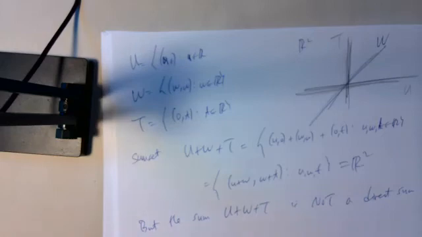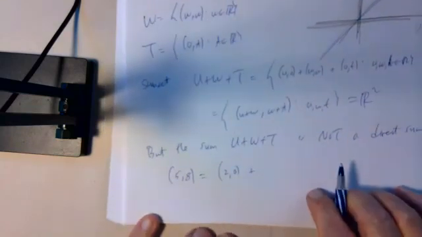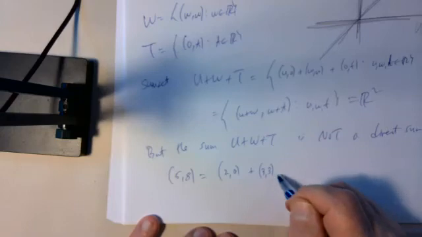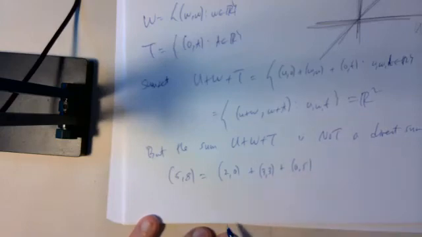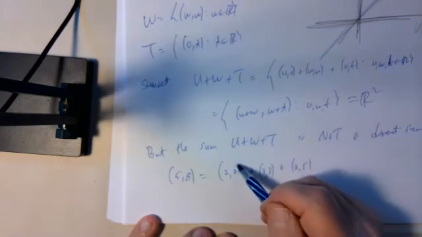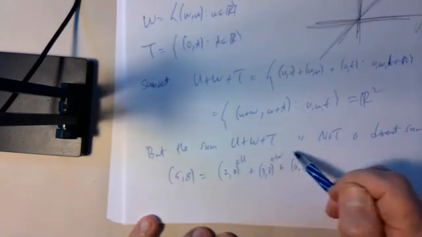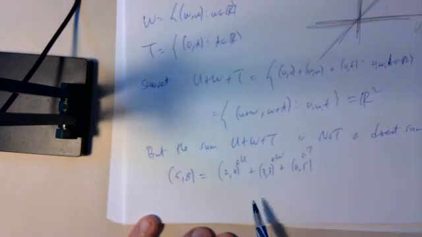(5, 8). Can I write it as a sum in this form? Well, let's see. (5, 8) I could write as (2, 0) plus (3, 3) plus (0, 5), right? This is in U. This is in W. This is in T. If you check my addition, this is (5, 8).